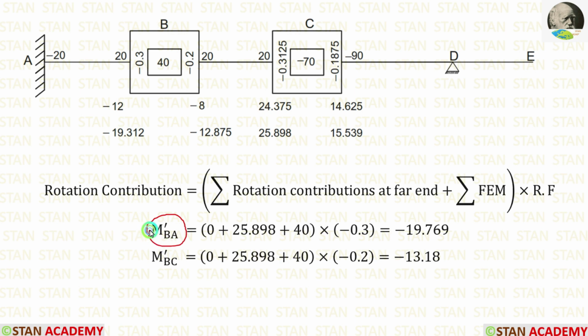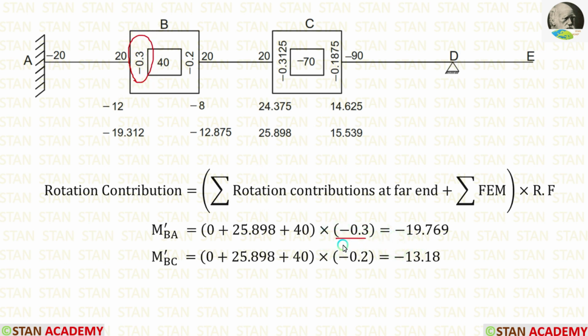First, let us calculate m dash BA. The rotation contribution in the point A is 0. The rotation contribution in the point C is 25.898. So for the summation of rotation contributions at the far end, we are having 0 plus 25.898. The summation of fixed end moments is 40. The rotation factor for BA is minus 0.3.